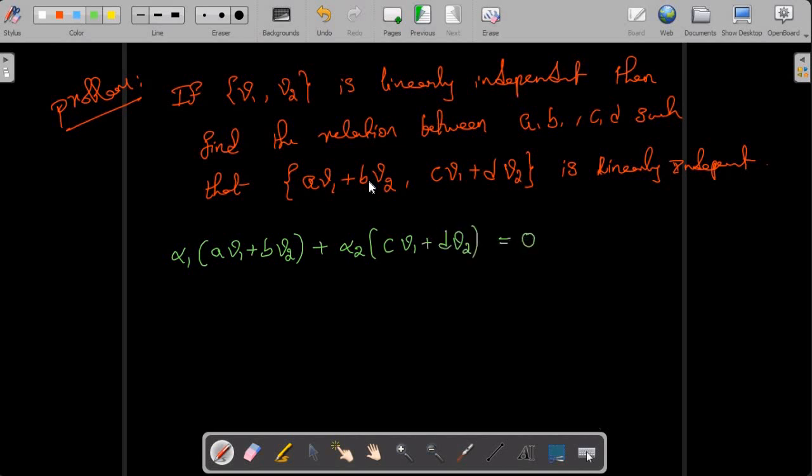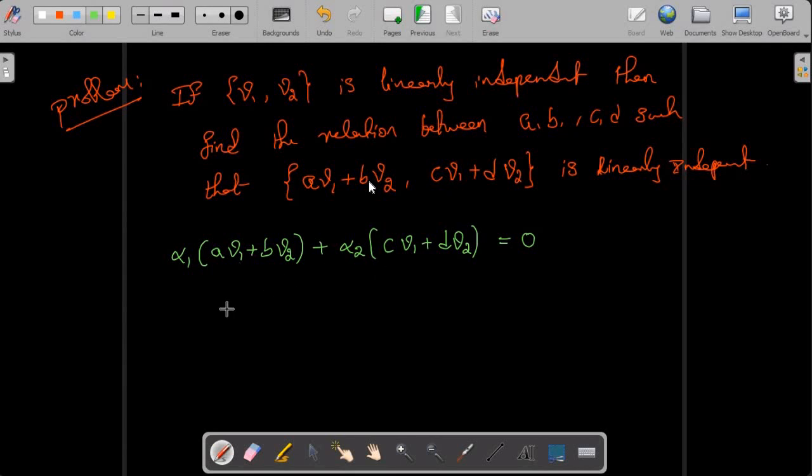Equate the linear combination to 0. So we say a set is linearly independent if the linear combination is 0 implies that all scalars are 0 in that linear combination. Okay, so if we can prove that alpha 1 equal to 0, alpha 2 equal to 0, then we are done. Right.